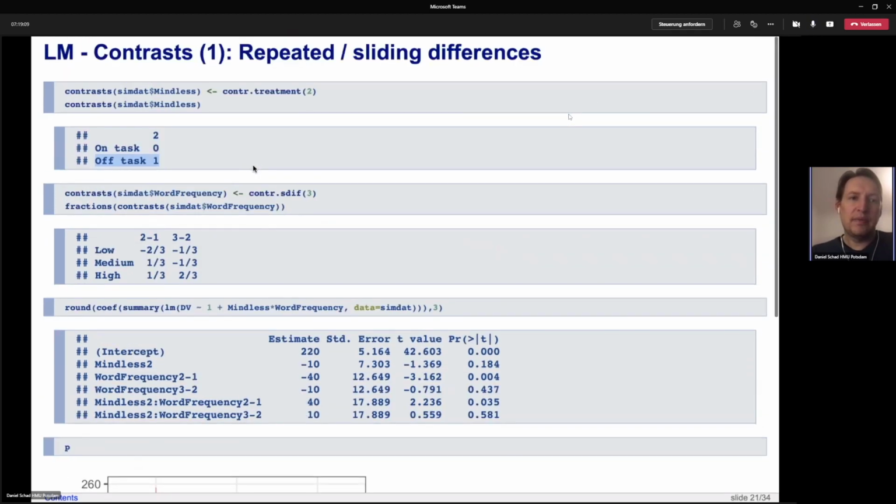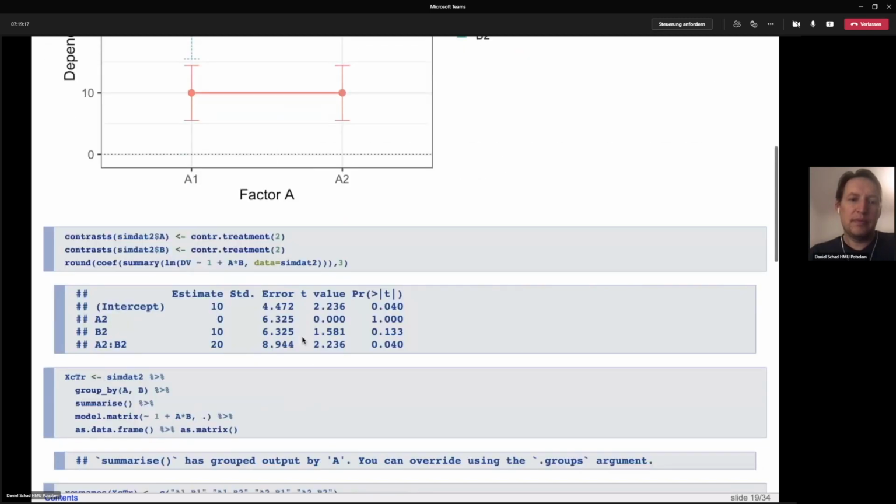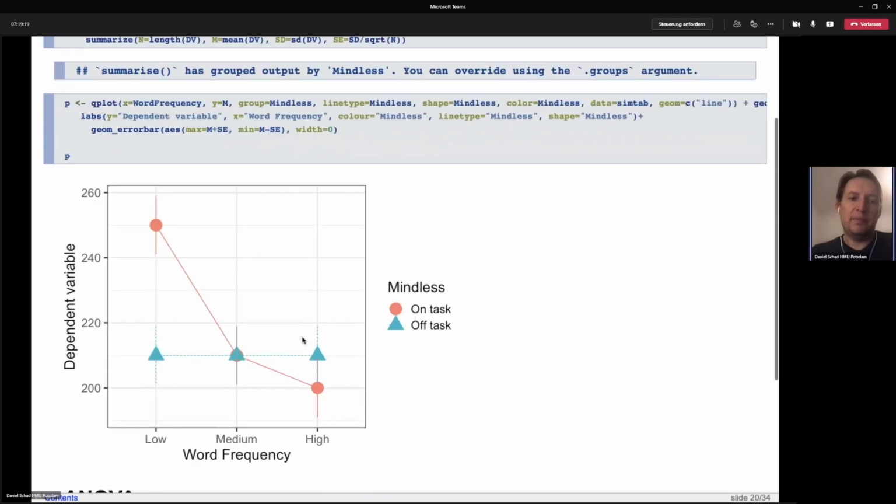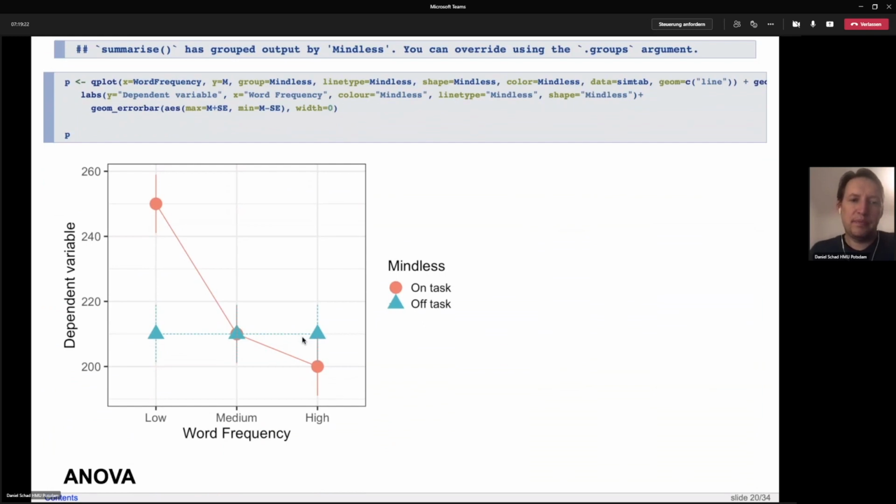That is a very good question. So it depends on how you set up the study.